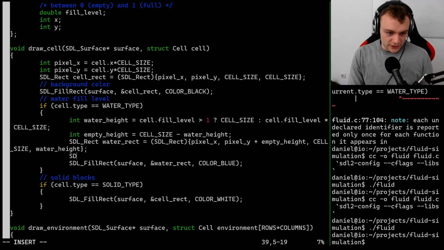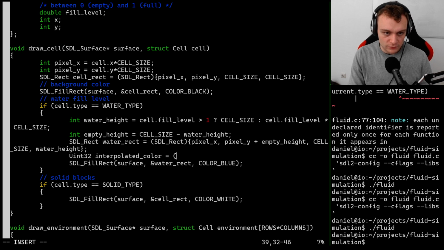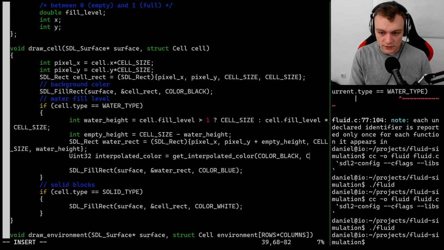We have to get somehow a color that is a UN32 interpolated color, and we interpolate between color black and color blue, and then we pass on the cell's fill level, which should be a value between 0 and 1.